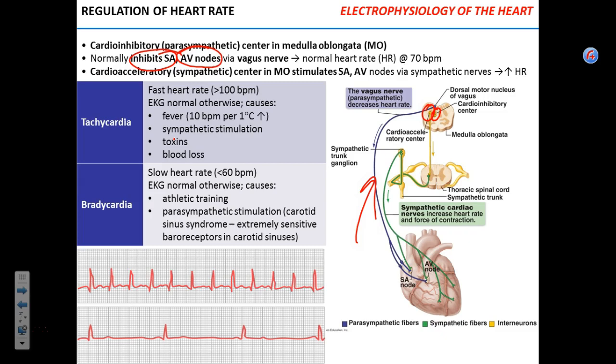So is there any parasympathetic control over the heart? No. So this 110 is my new normal. Does that make sense? That's absolutely normal. I'm going to have a new normal resting heart rate because it's going to be the SA node without any parasympathetic controls.